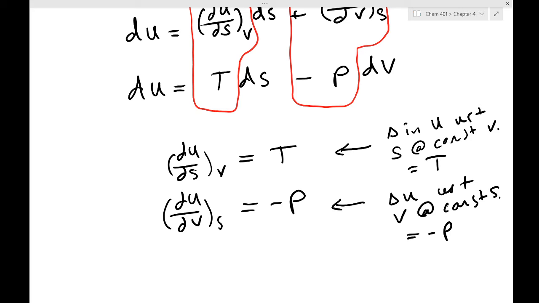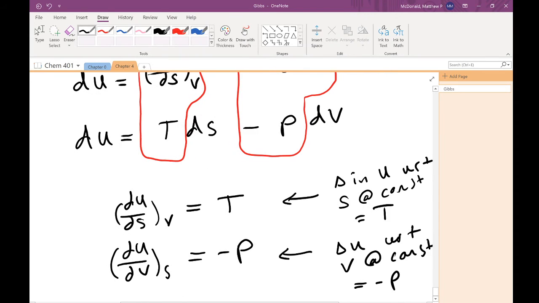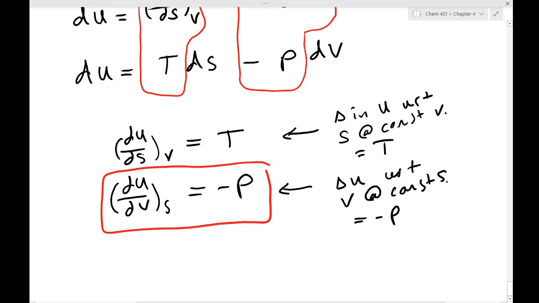Very difficult. But it's extremely easy to measure the negative of the pressure. And what we're saying through these relationships is that they are equal to each other. So if we just measure the pressure, we know the change in U with respect to volume at constant entropy. And that's why this is so powerful.